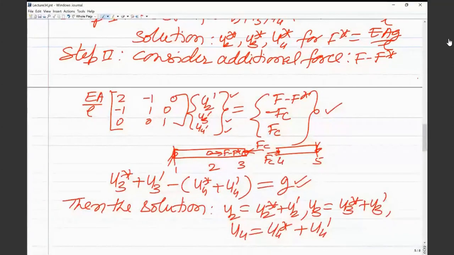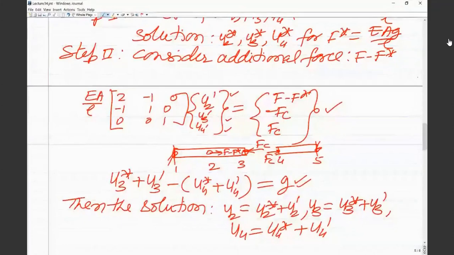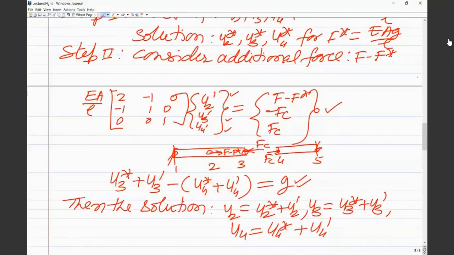Now what is the alternative way? So this gap G, after that critical load F star, it will get closed, no? So it will be a very small gap. But here, if you look, I am writing the total displacement U3 star plus U3 dash minus U4 star plus U4 dash, which is actually U3 minus U4.